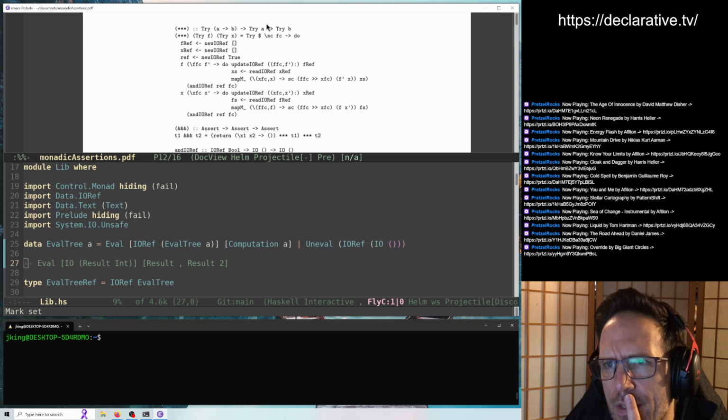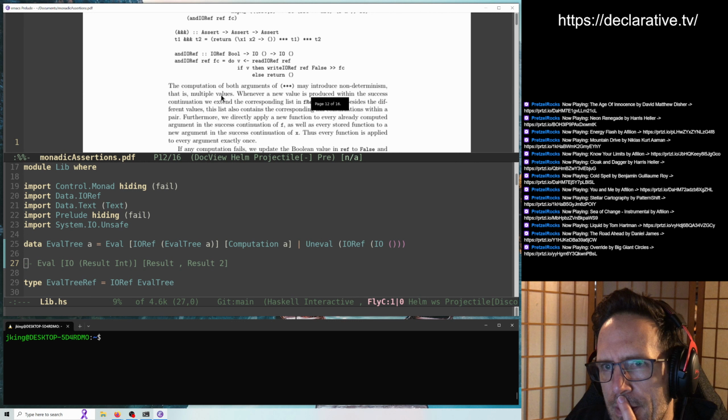Okay, so we're going to evaluate the try A. We're going to get that value, and we're going to pass it into this first one here to get a B, and then we'll return a try B. That lets us implement this AND assertion here. A very tricky way. So that if we get x1 and x2, we return unit, we're good. With t1 and t2.